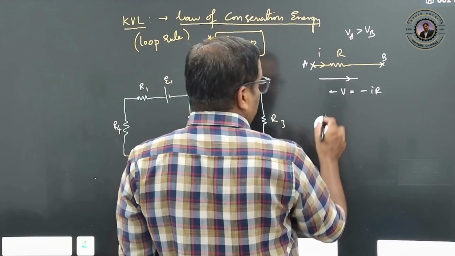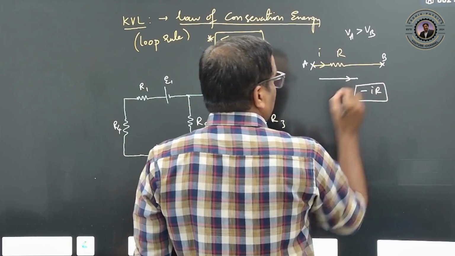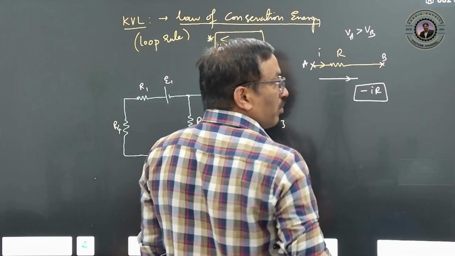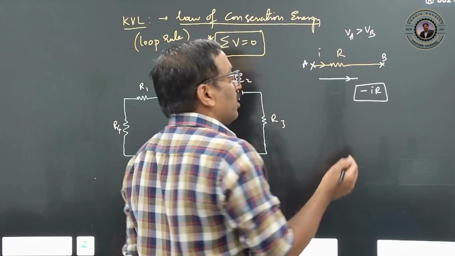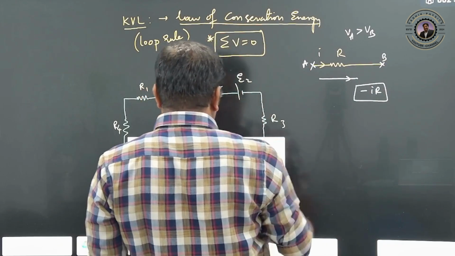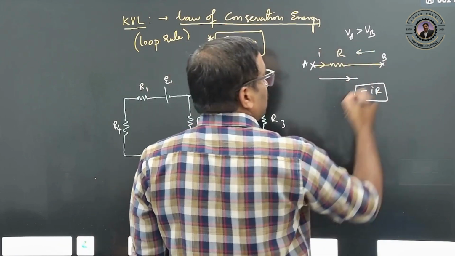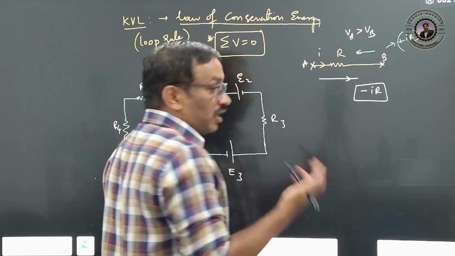You are decreasing the potential, therefore you should write it as minus IR. Suppose you are going from B to A: B is lower potential, so you are gaining potential, going from lower to higher potential, so you should write plus IR, your potential is increased.